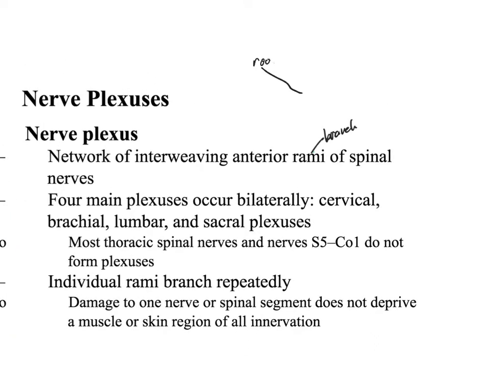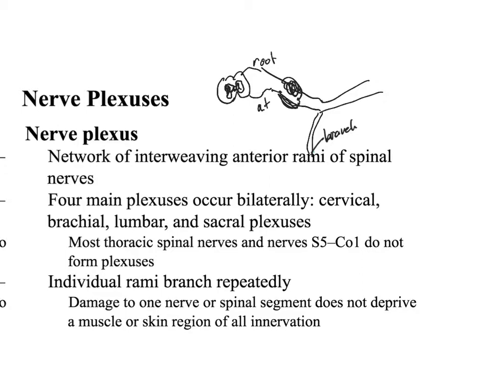This root comes off the spinal cord, right? And you have that butterfly area of the spinal cord. That's your gray matter, right? So you have a posterior root and an anterior root that come together, and you have the posterior ganglion, and then off of that it splits.